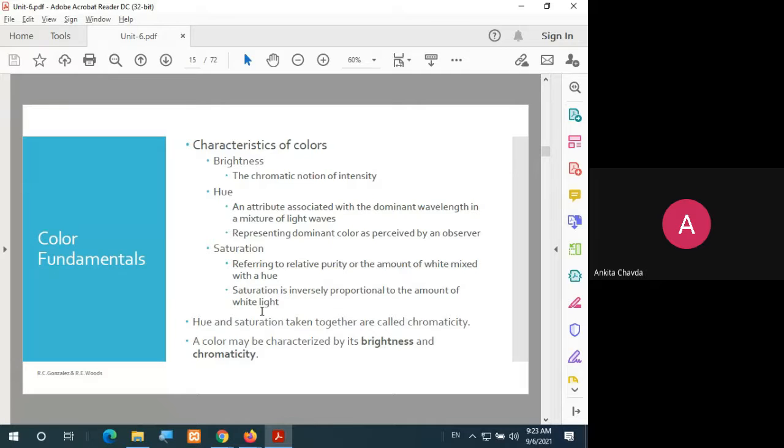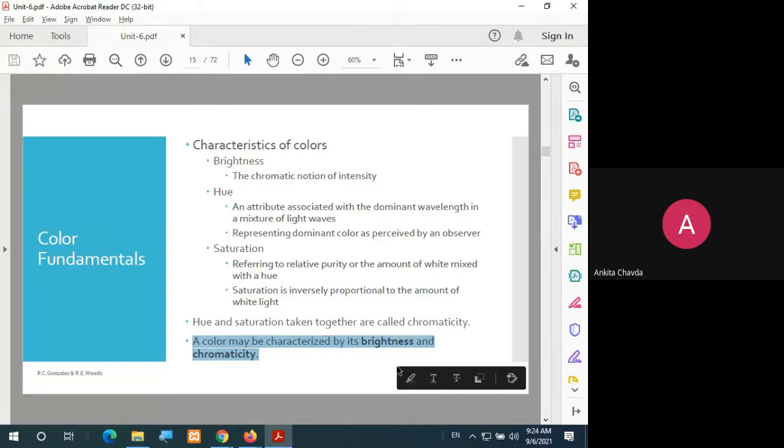Hue and saturation are taken together, because we cannot separate them out. If we consider them as a single unit, that is known as chromaticity. So hue and saturation taken together are called chromaticity, and a color may be characterized by its brightness and chromaticity in color image processing.